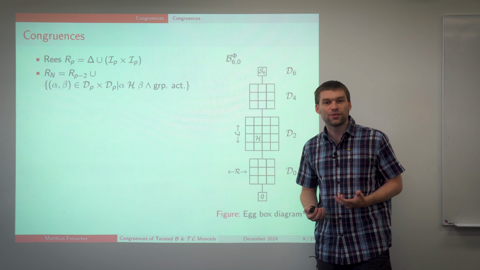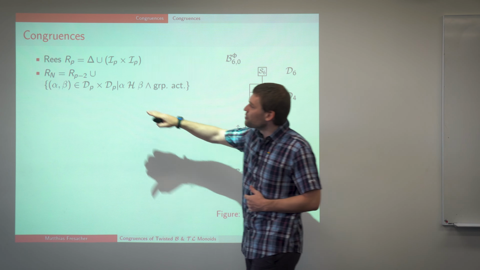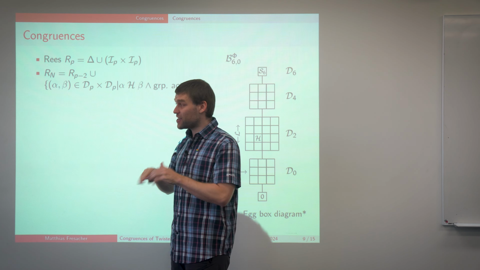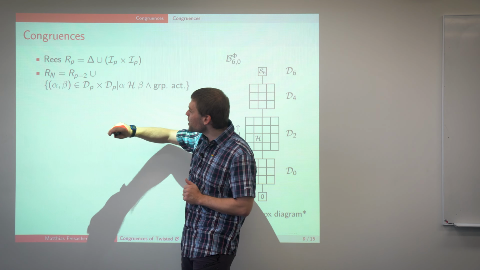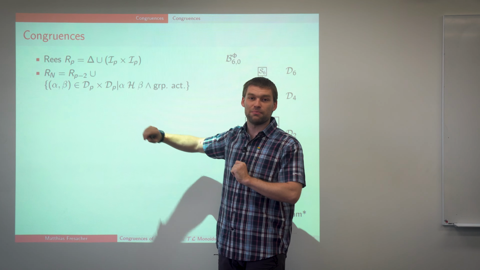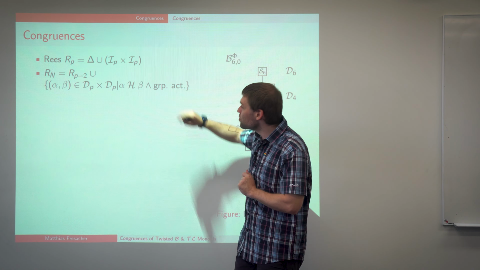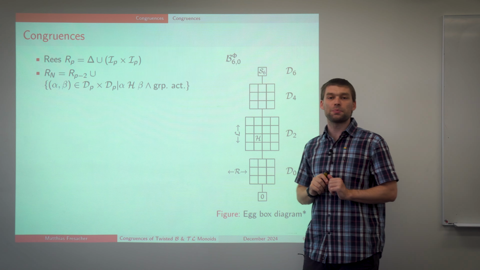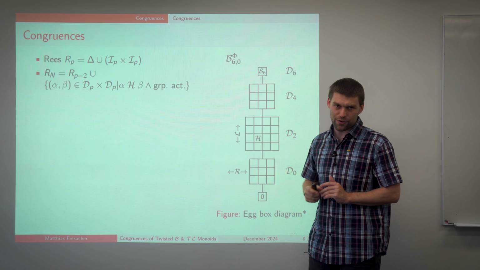Next, we have some group-based congruences, and this is where we take the Rees congruence of the rank underneath as a starting point, and in the rank we're interested in, if we are H-related, recall that gives us a bijection into the symmetric group. If we then also have a group action, which I'm not going to explain or define, then we're also congruent.